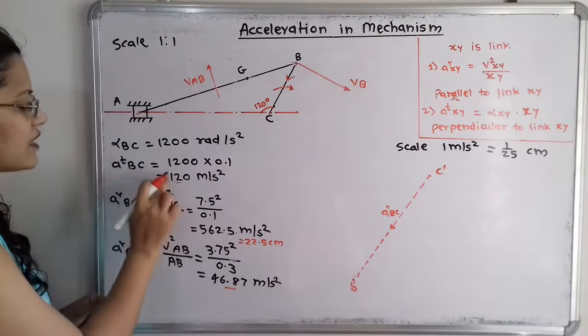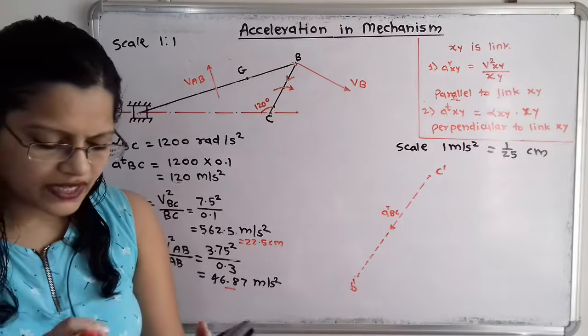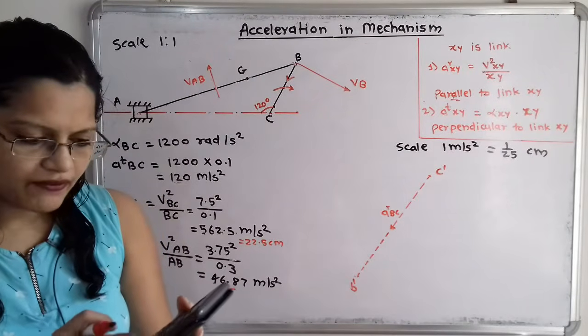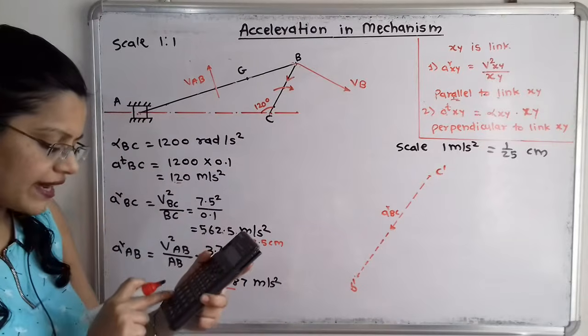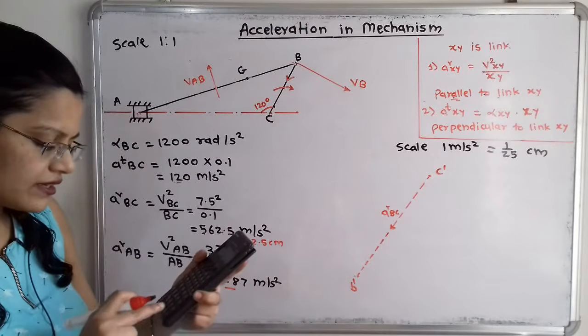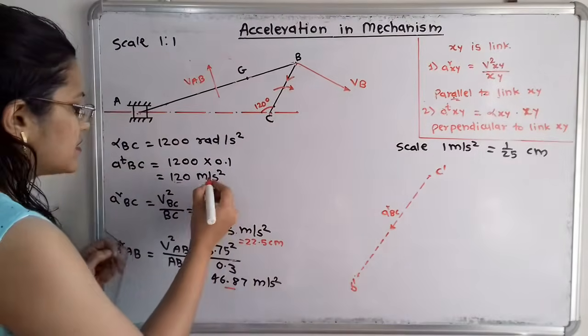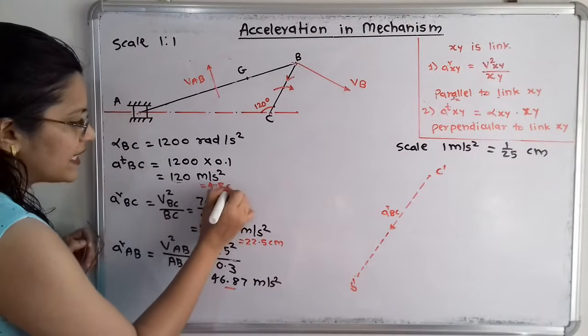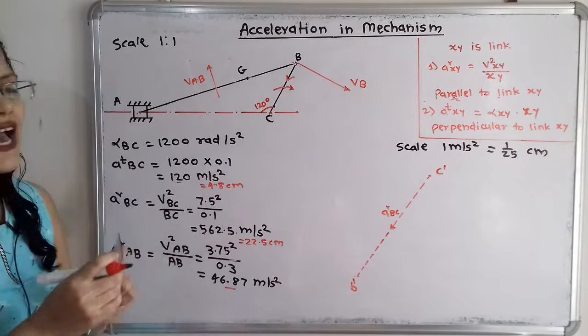So here tangential component is 120 meter per second square. So 120 divided by 25, that is equal to 4.8. So I will write here, this is the magnitude, that is 4.8 centimeter that we have to select. Now how to select the direction?